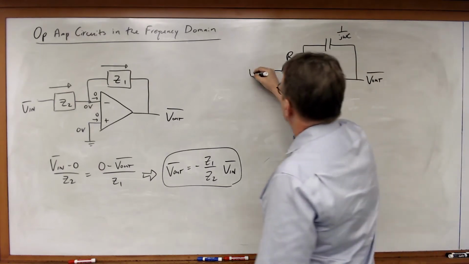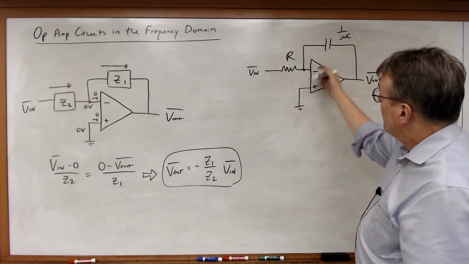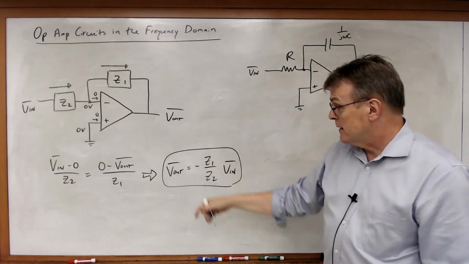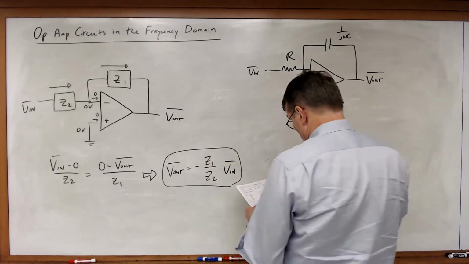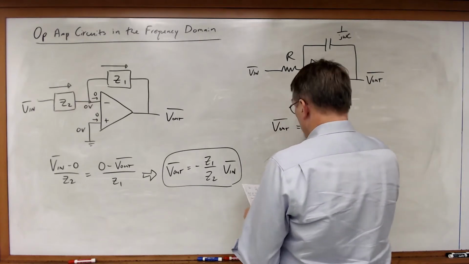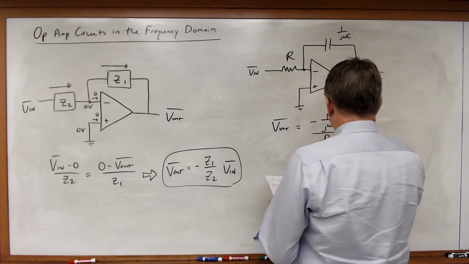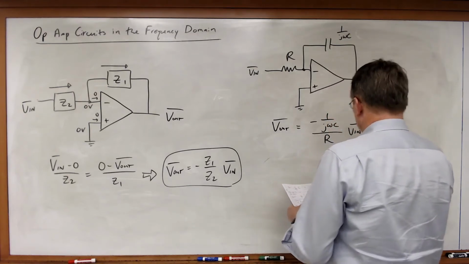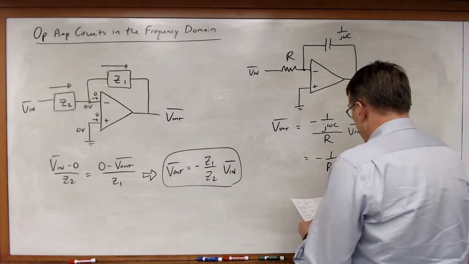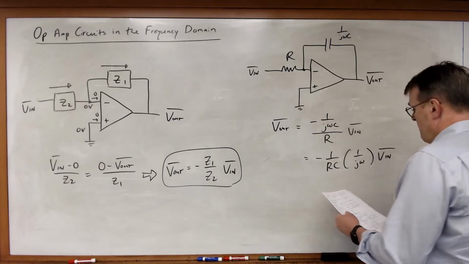I've got my Vout, my Vn. I can write the KCL equation for the inverting input node, or I can just plug this directly into here. And what I'm going to get is that Vout will be equal to minus 1 over j omega C divided by R times Vn, which will be equal to minus 1 over RC times 1 over j omega times Vn.